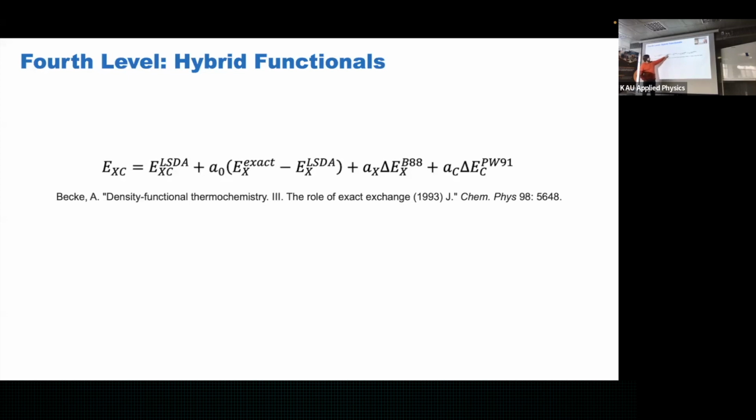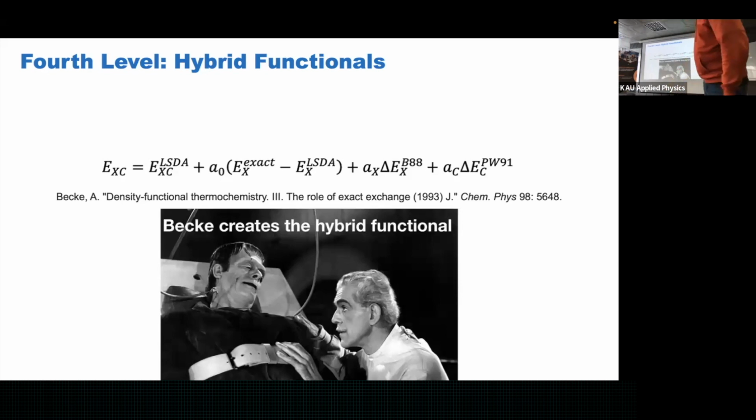Here is the exact exchange, so it's calculated by some Monte Carlo, or maybe it comes from experiment, minus this LDA. So we construct it as the LDA term plus exchange energy plus another part of exchange energy from B88, it's a GGA functional, and plus the correlation part of PW91 with some parameters. So this is not very natural.